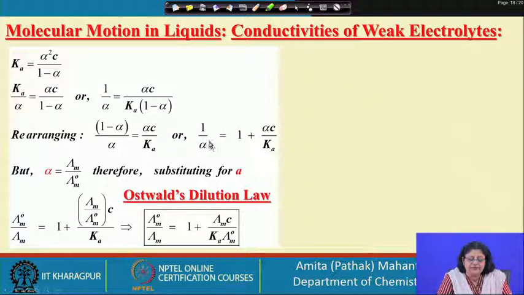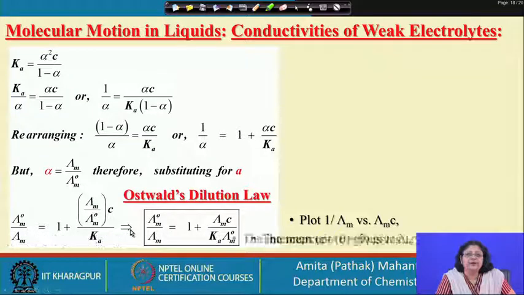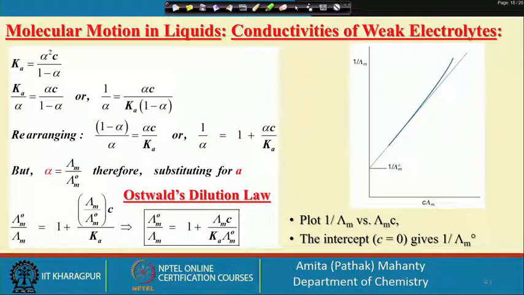Replace all the alpha values in this expression, then the ratio lambda by lambda naught comes up, and then lambda m at any concentration. If you simplify this, this is the expression you are getting. This is nothing but the Ostwald dilution law, which we had discussed previously.